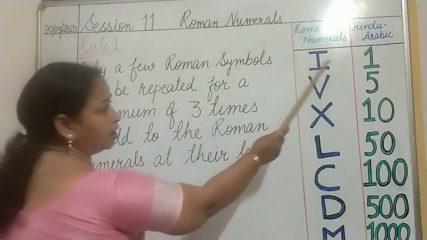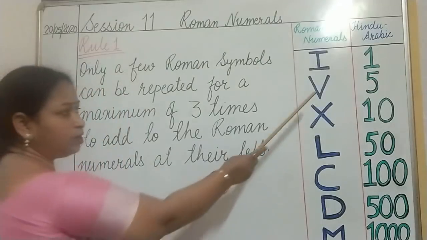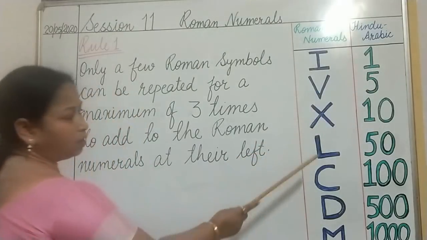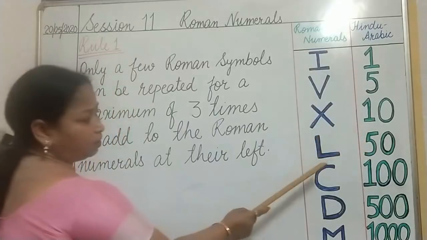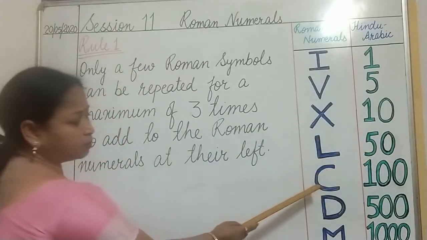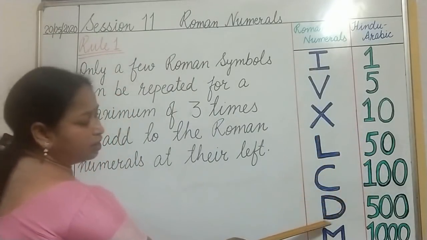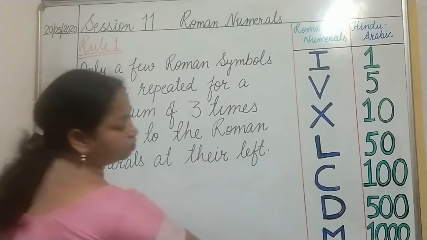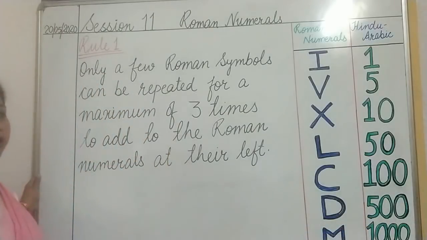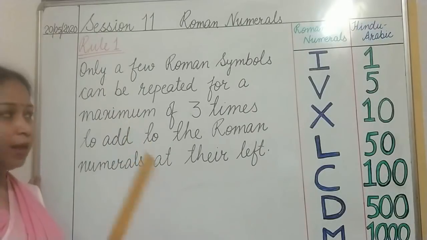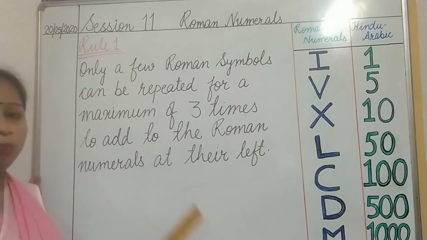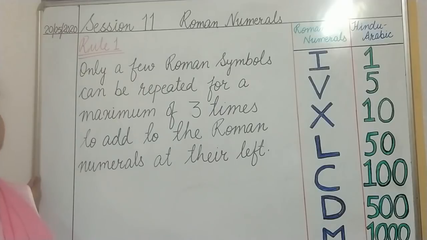So I stands for 1, V stands for 5, X stands for 10, L for 50, C for 100, D for 500, M for 1000. So these are the values associated with them. We cannot just place any symbol and write it down. Each symbol has a proper, exact value that you are going to use.